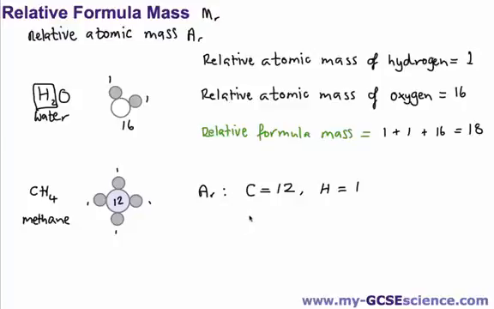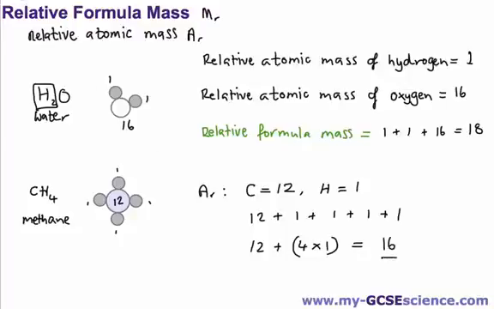So it's 12 plus 1 plus 1 plus 1 plus 1, and a simpler way to do that would be 12 plus 4 times 1, and that would be 16. So the relative formula mass for methane is 16.